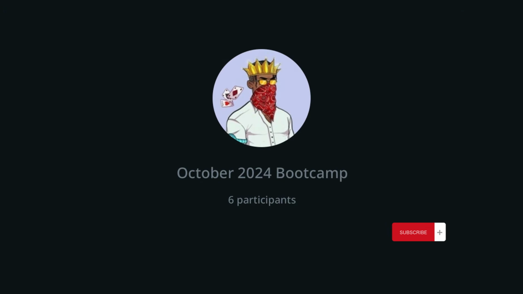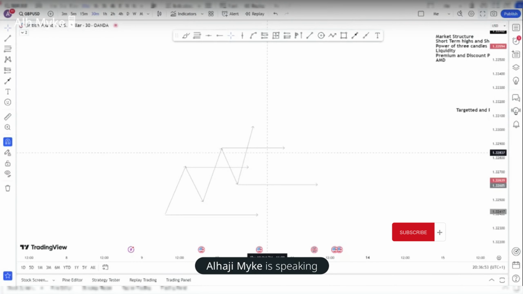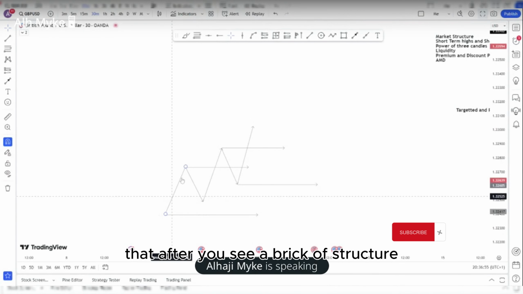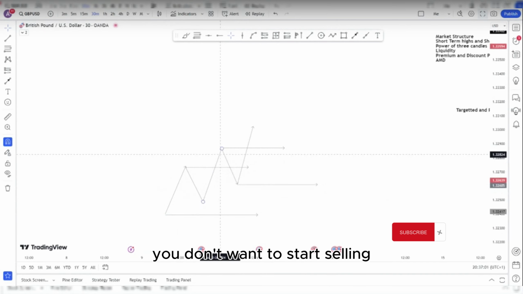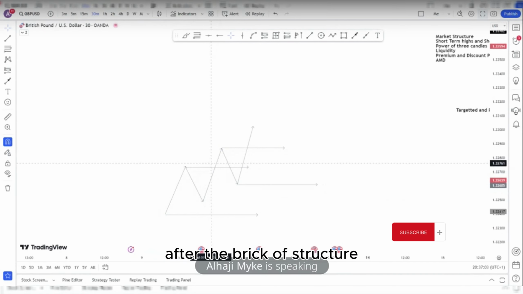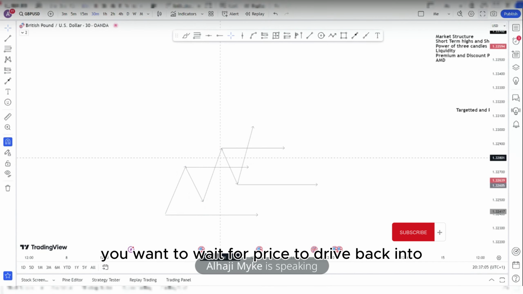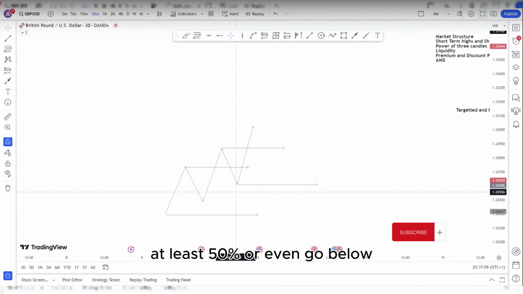So basically, in a nutshell, it's expected that after you see a break of structure, you don't want to start buying. If it's a bullish scenario, you don't want to start selling after this break of structure. You want to wait for price to drive back into at least 50% or even go below.